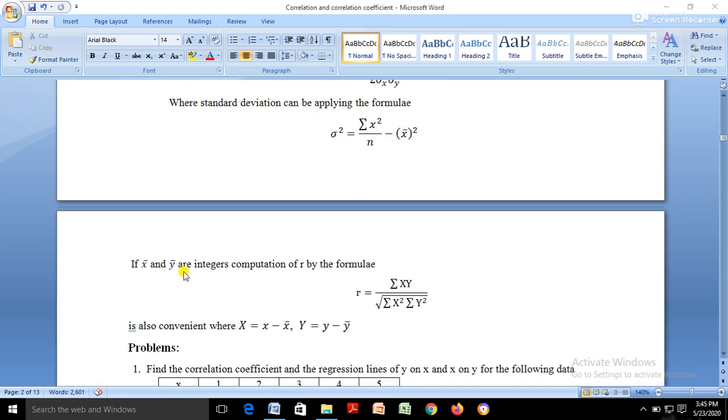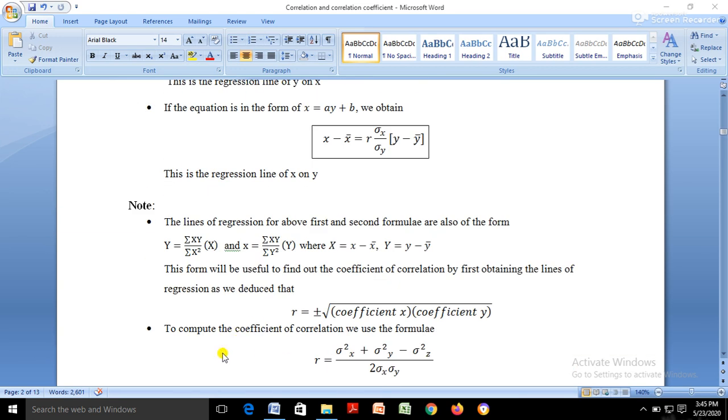If x bar and y bar are integers, computation of r by the formula r is equal to summation of capital XY divided by square root of summation of capital X square into summation of capital Y square is also convenient, where we know that capital X is equal to x minus x bar, capital Y is equal to y minus y bar.